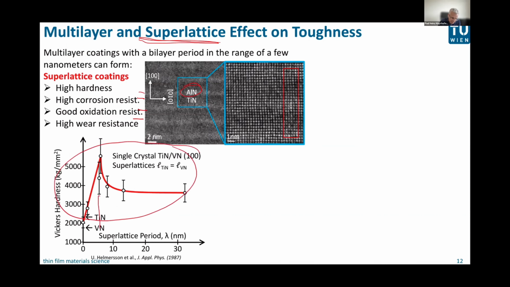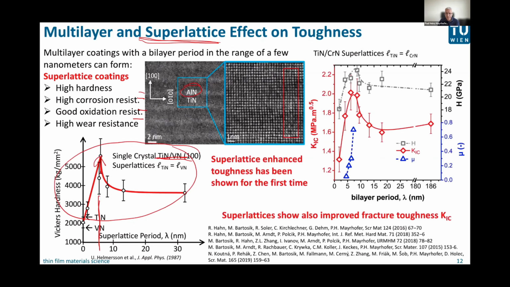At a certain bilayer period, we have an increase in strength that was nicely shown by Ulf Helmersson in the early days. And we showed that the superlattice effect is not just good for hardness. On the example of titanium nitride, chromium nitride, on purpose we did not want to have the phase transformation here, to study just the superlattice effect.